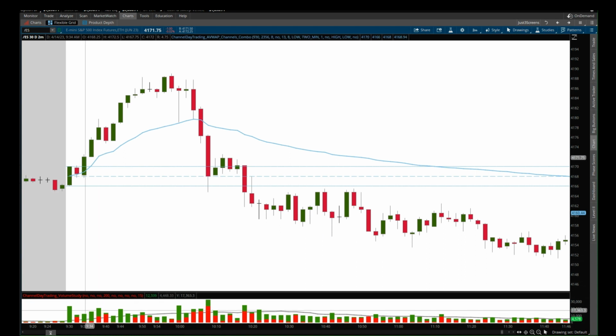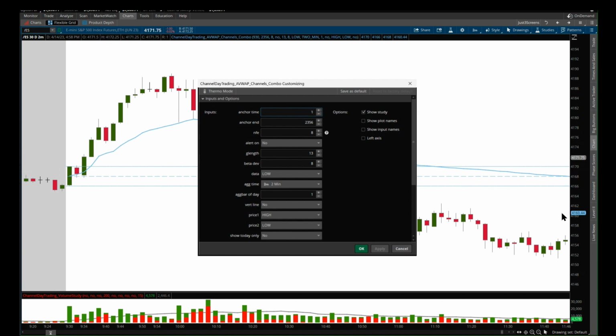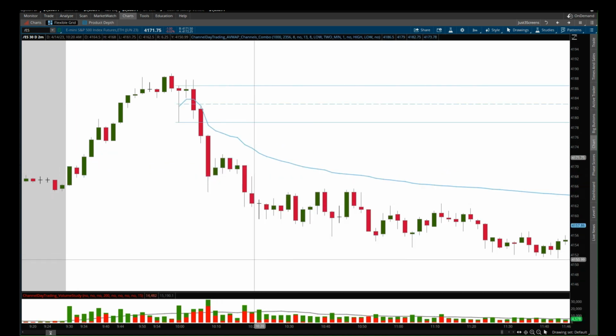You imagine you're at work, it's 9:50 or so, you get free, open up your chart, and suddenly see a big spike at 10 o'clock. You put the anchored volume weighted average price at 10 o'clock.